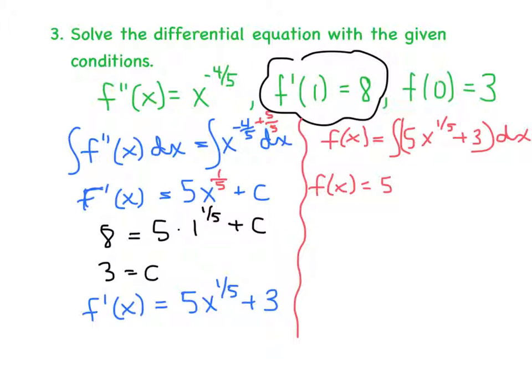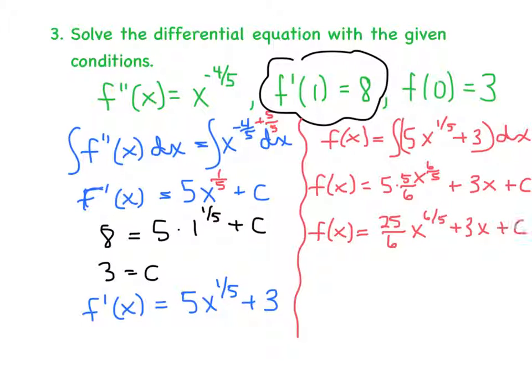Okay, now we're adding 5/5 again, so this would be x to the 6/5 divided by 6/5, which is times 5/6, plus 3 is a constant, so 3x plus c. All right, so let's just clean this up for a second. I have f of x is equal to 25/6 x to the 6/5 plus 3x plus c.